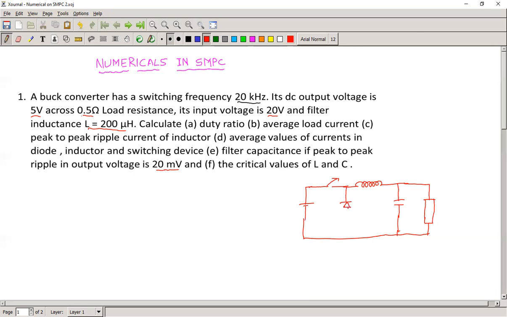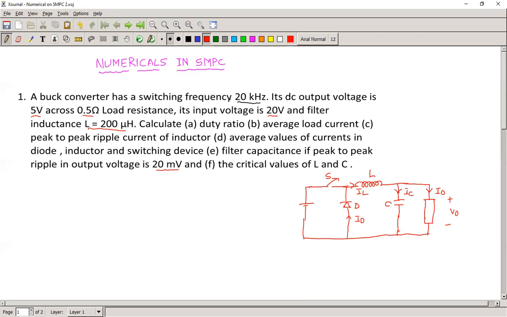This diode is called the freewheeling diode. This is L, this is C, this is D. These are the positive directions of output current and voltage. This is the positive direction of capacitor current, inductor current, and diode current. This is the switch S. That switch may be a BJT, MOSFET, or IGBT.